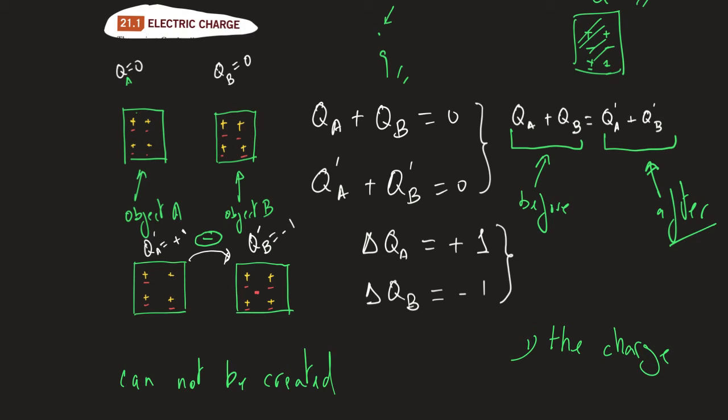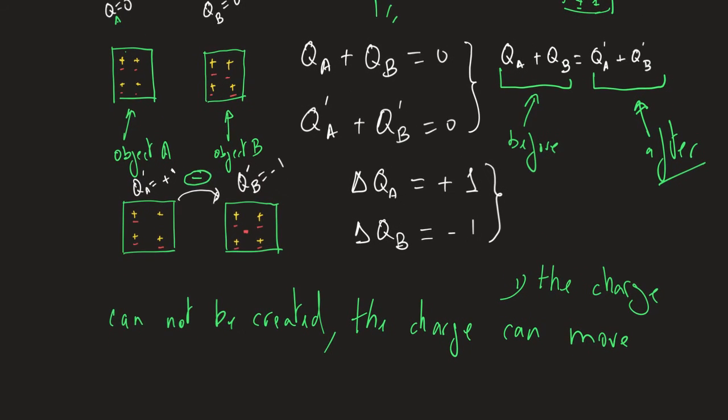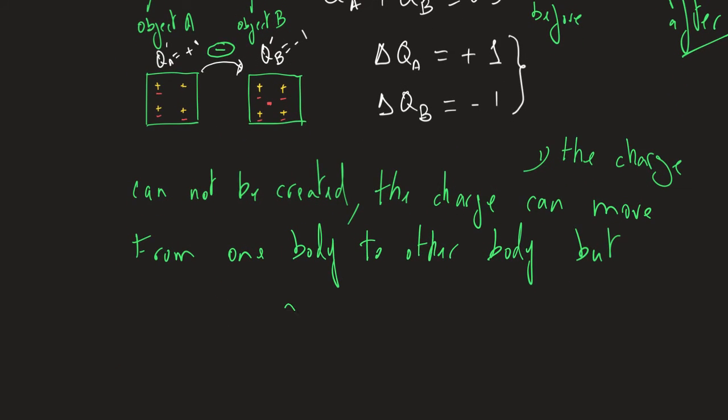And the second is that charge can move from one body to another body, but QA at any instant plus QB, the total charge of the object A plus the total charge of the object B, will always be constant.